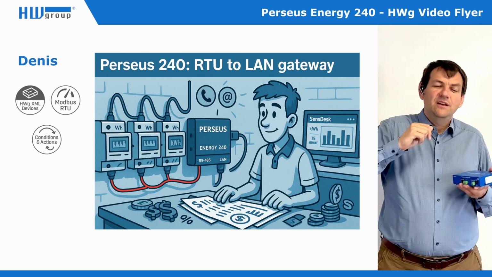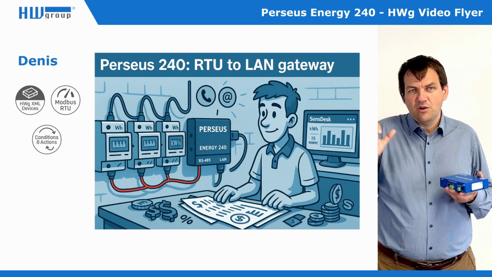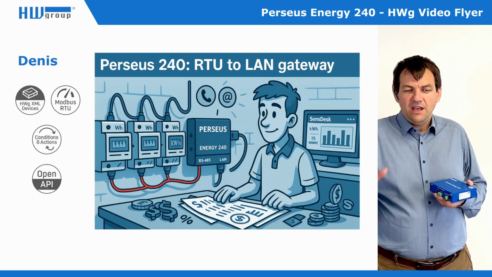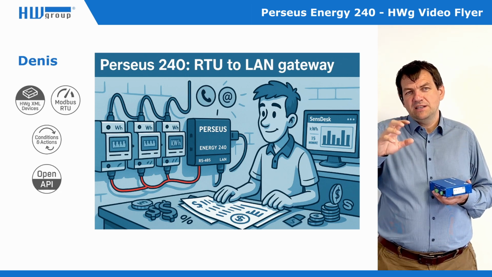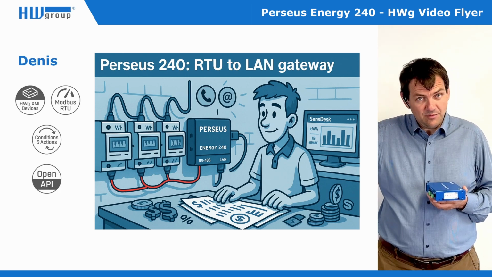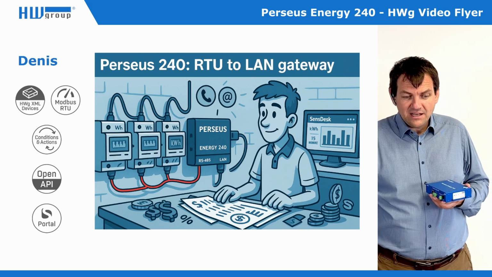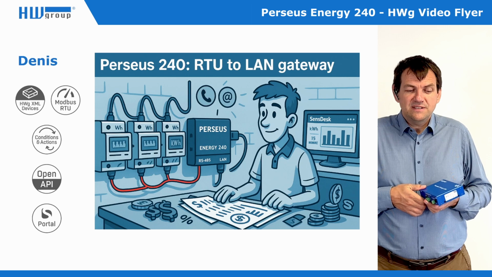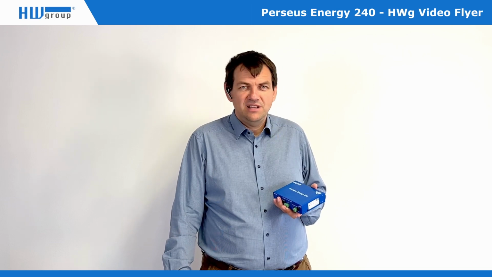Above all of this, we are doing the conditions and actions, so you can combine the data, create 15 minutes or things like that. In the end of the day, you can connect it to any third-party SCADA system or anything like that. And of course, connect to our portal by HWG system, so the sensors can be there. Overall, you have quite a complex system, which you can combine through very old-fashioned technology with the latest products together in one Perseus device.